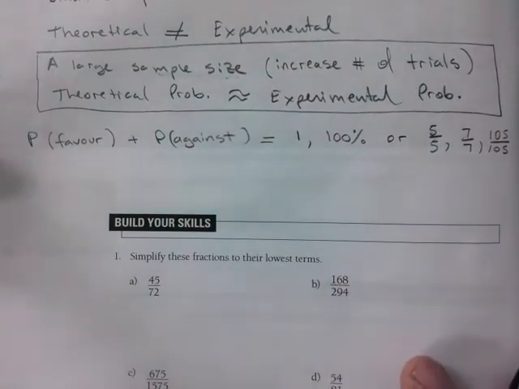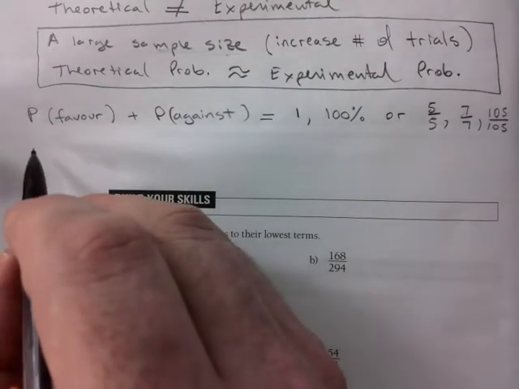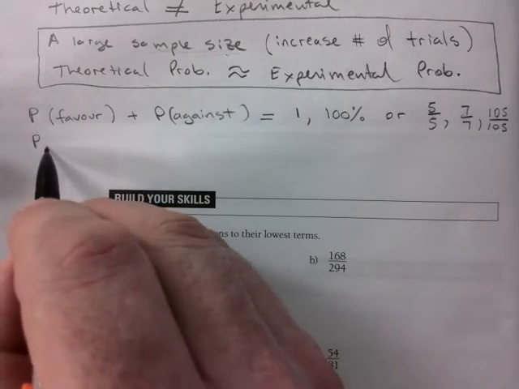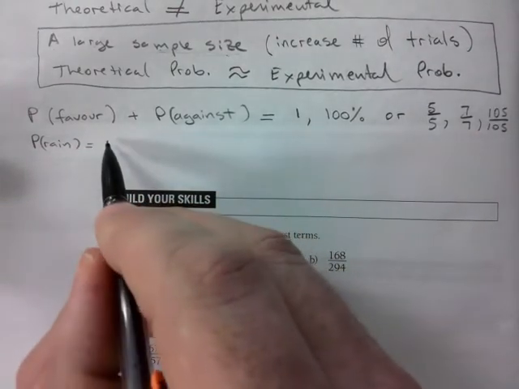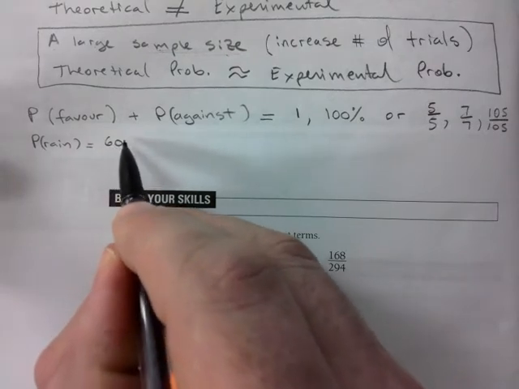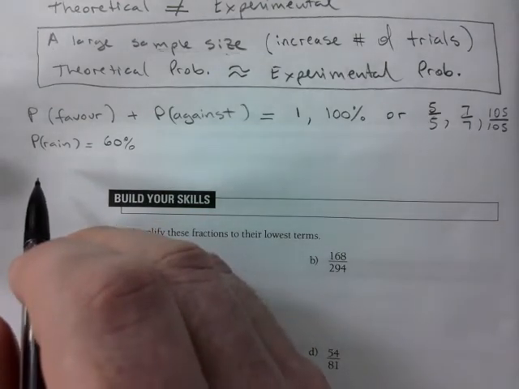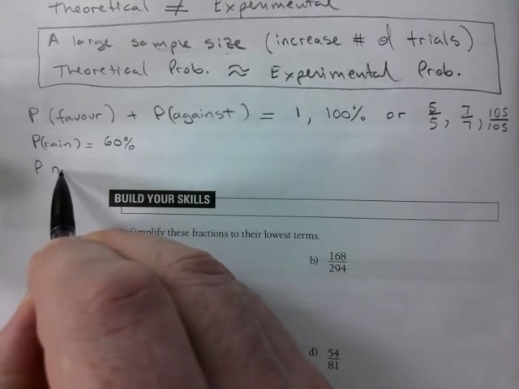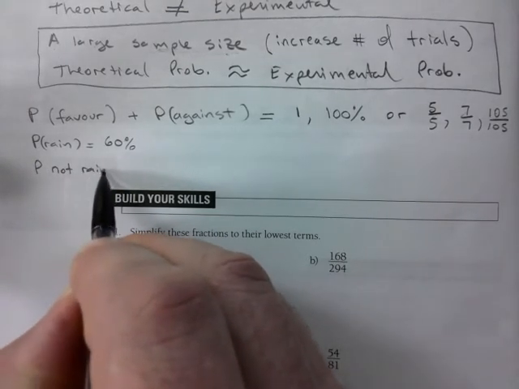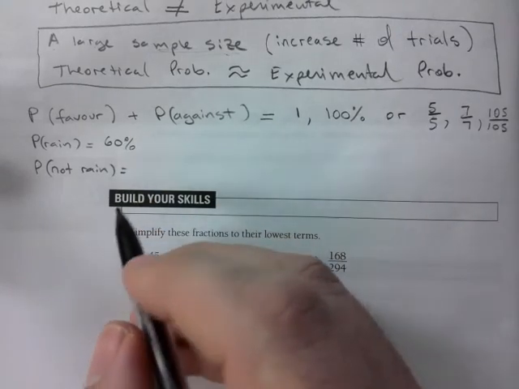So if you think about the probability of rain, let's say it's 60% for tomorrow, okay? I don't even have to tell you this, but what would be the probability of it not raining? 40%.